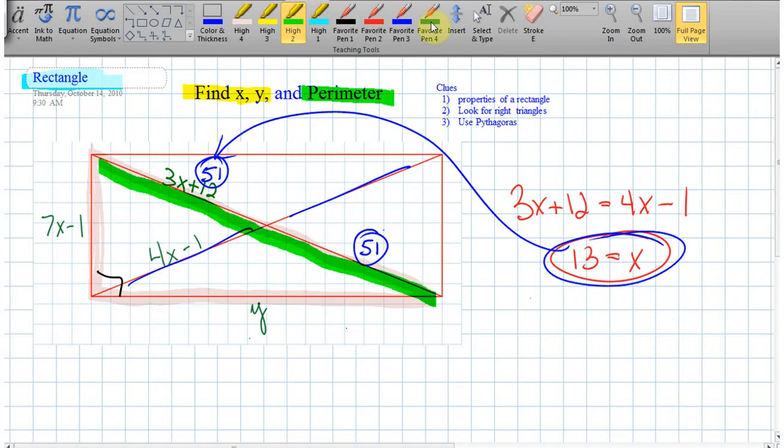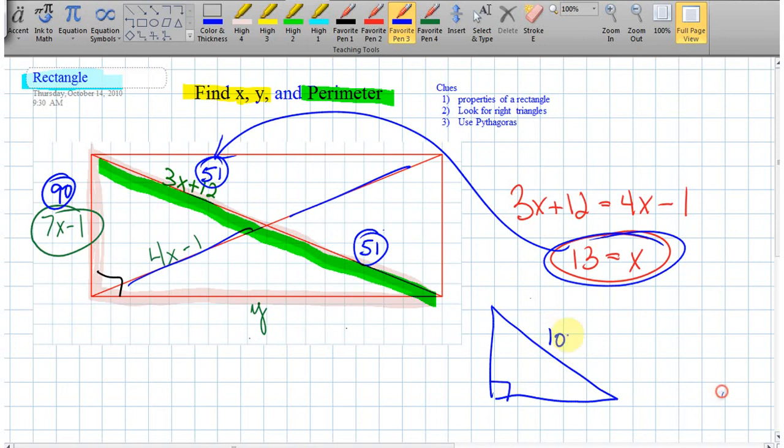And so now with a little more substitution, we can figure in this other length of that leg of the right triangle. Well, 7 times 13 is 91, and 91 minus 1 turns out to be 90. So if I were to draw a little triangle down in here to kind of simulate the lengths of the sides that we have so far, we have 102.